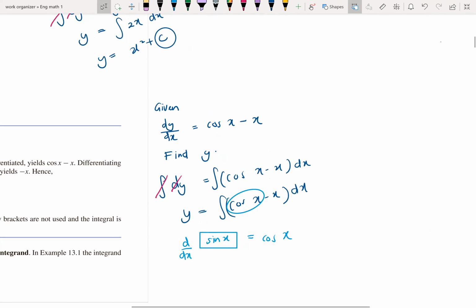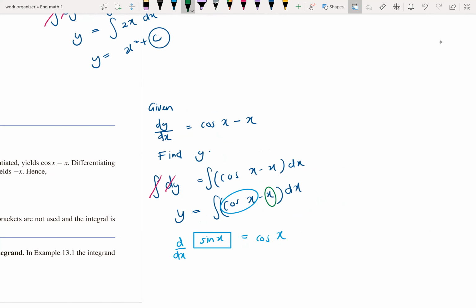And then for x, what is the function? It will be x squared, right? But there should be a 2 in here.